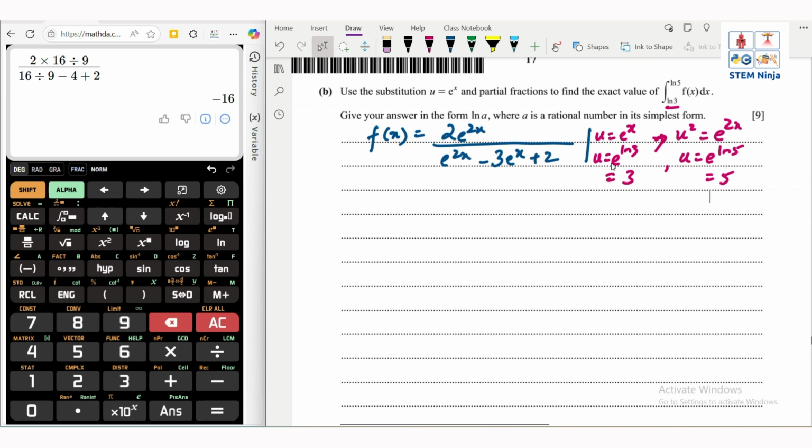So we have decoded everything we need for the substitution. So this will become an integral of 2u squared divided by u squared minus 3u plus 2.